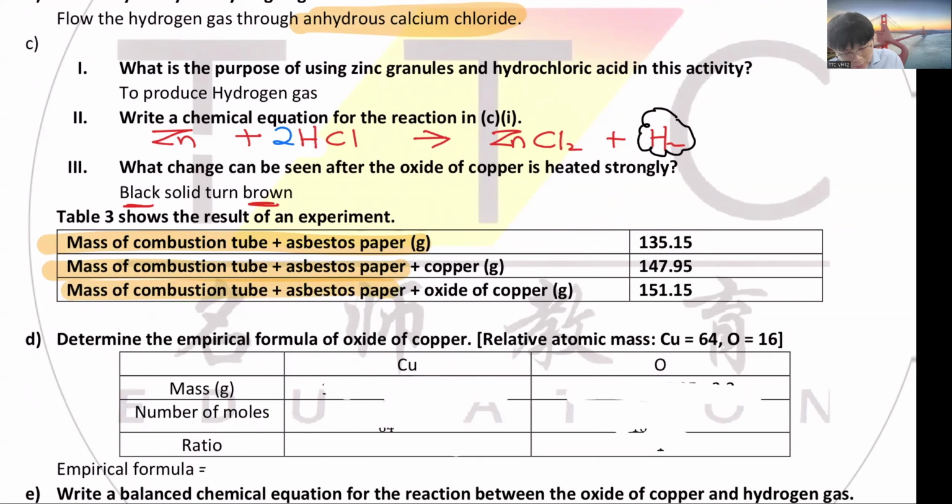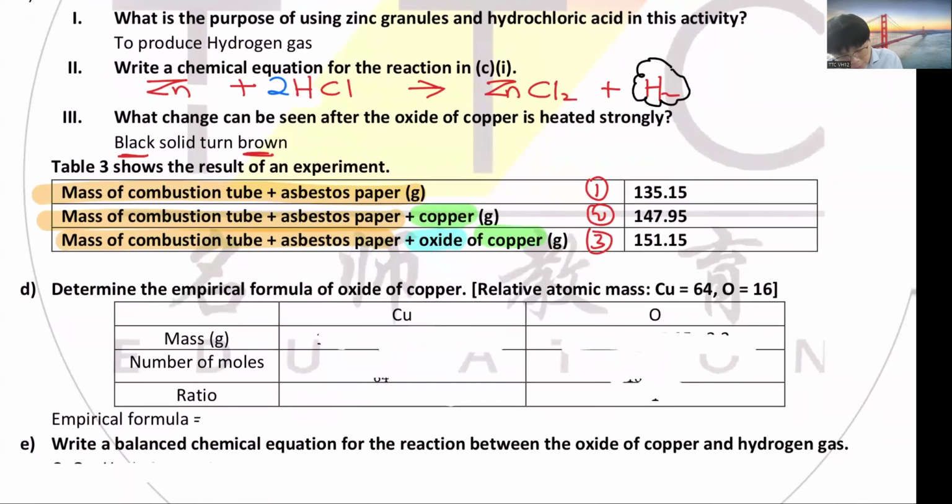Here got the copper, and here got the copper oxide. During the exam, you have to refer to the individual diagram. To get the copper, you take number 2 minus number 1. Then for this one, take number 3 minus number 2. So you minus off.